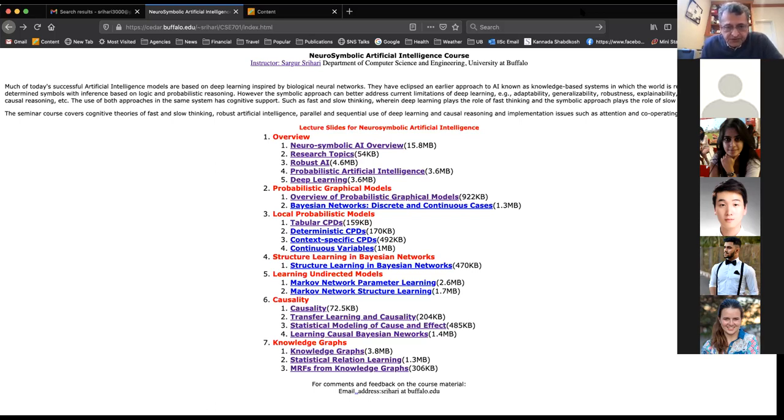And topic two is research topics on what are some of the things one could do. And then 1.3 is robust AI. I keep updating these slides. I updated neurosymbolic AI earlier this morning, and I also updated robust AI.